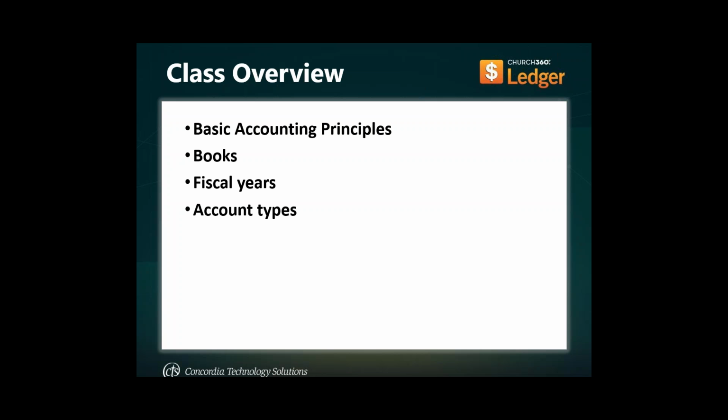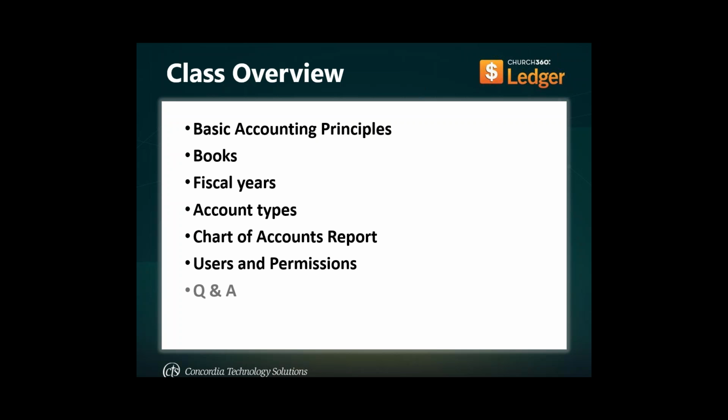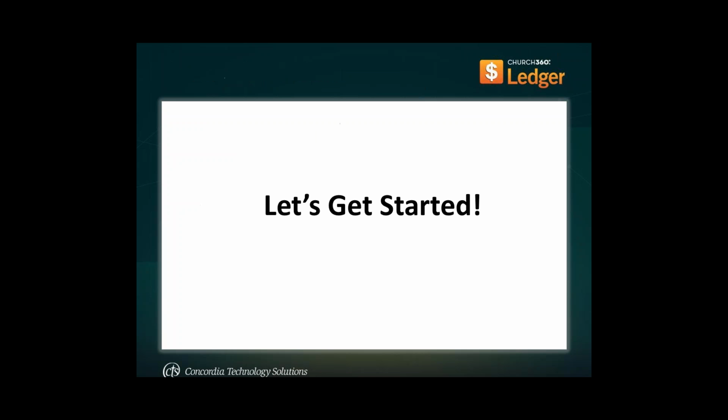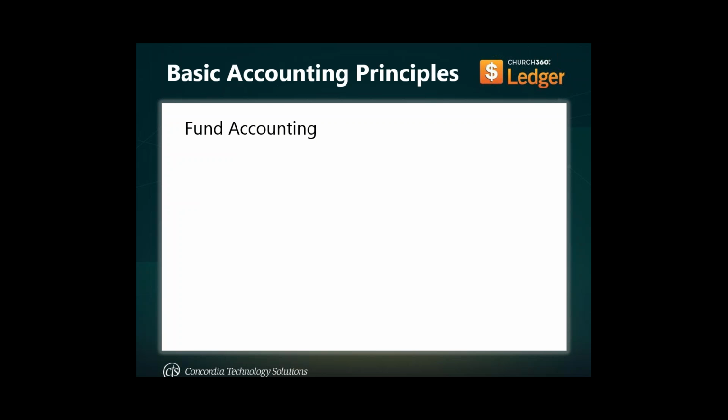Once we've finished adding accounts, we'll show the chart of accounts report. We'll discuss users and permissions and how they relate to your accounts. Then we'll have our question and answer session. So let's go ahead and go to our next slide, basic accounting principles.